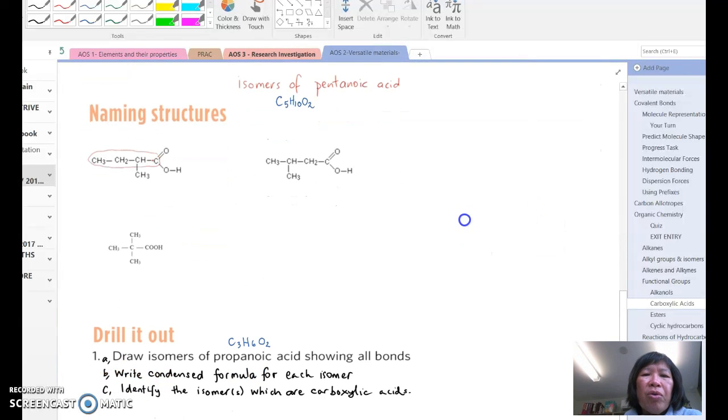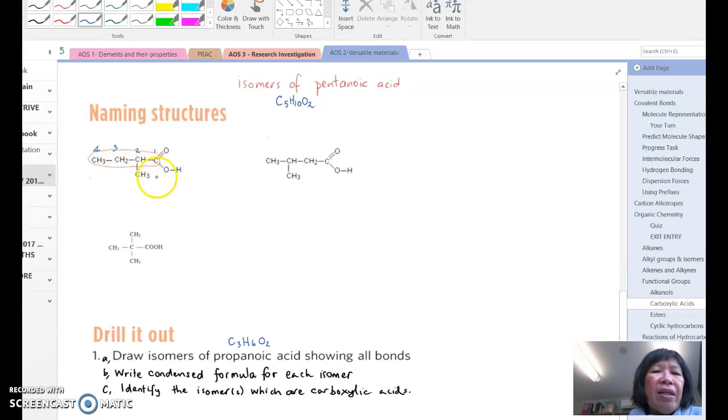So you also need to be able to draw isomers of acids if the chains are long. So here are some examples. See if you can draw the isomers of pentanoic acid, or name them. Actually, this one you have to name them. So use the rules the same way as for naming other hydrocarbons. So start numbering from the functional group end: 1, 2, 3, 4.